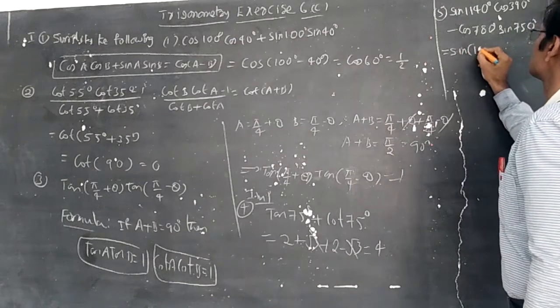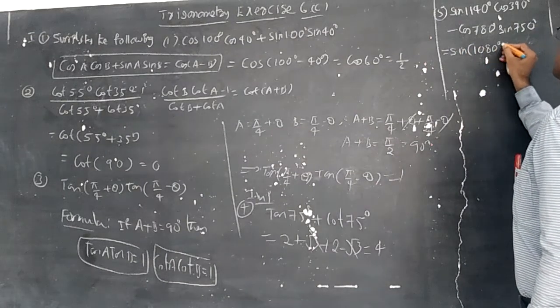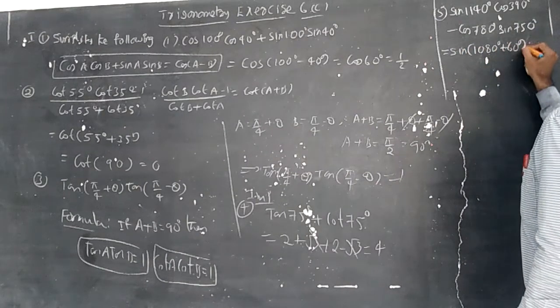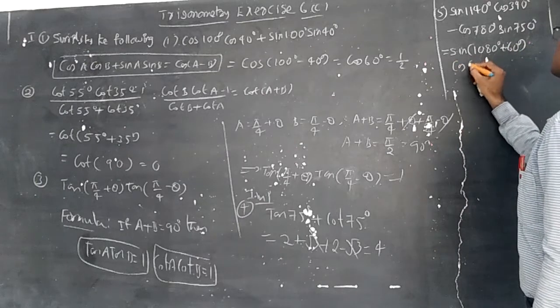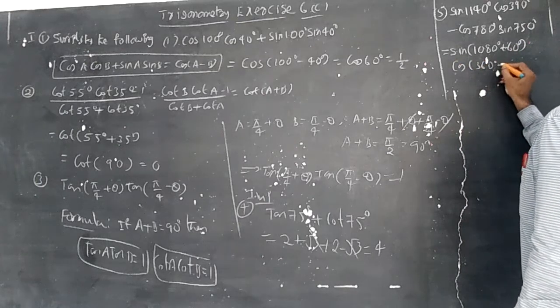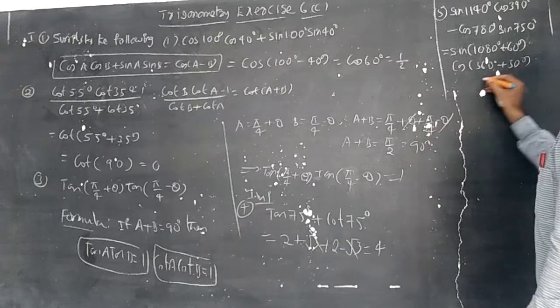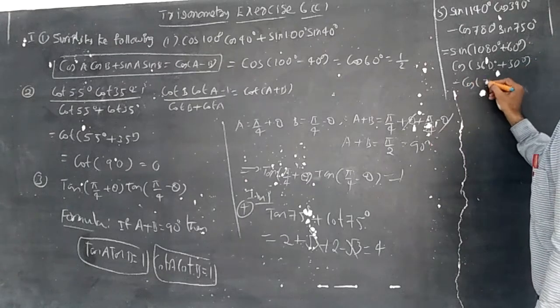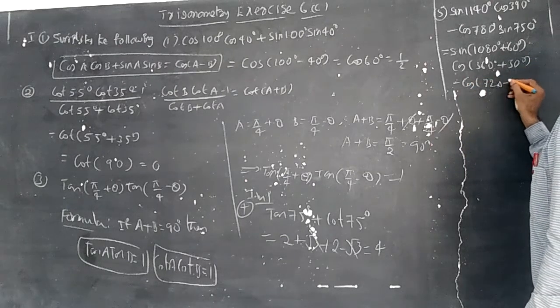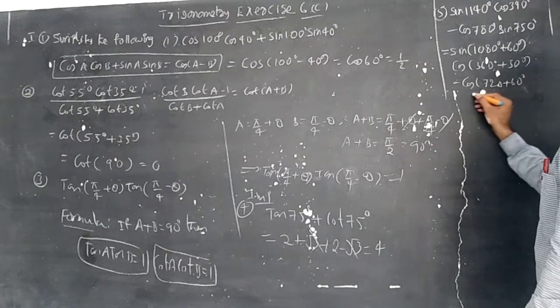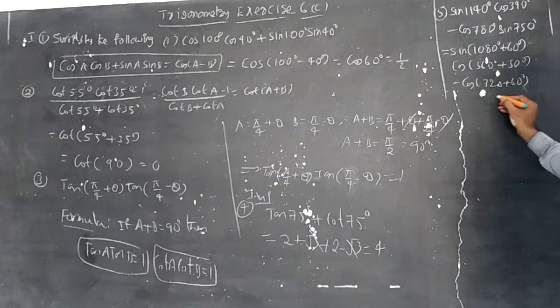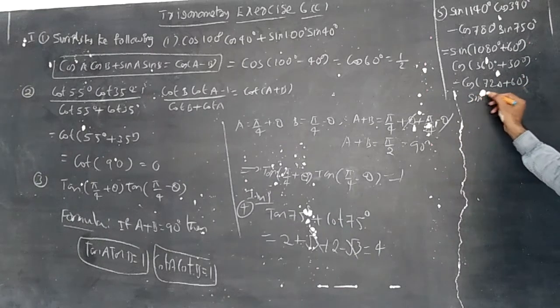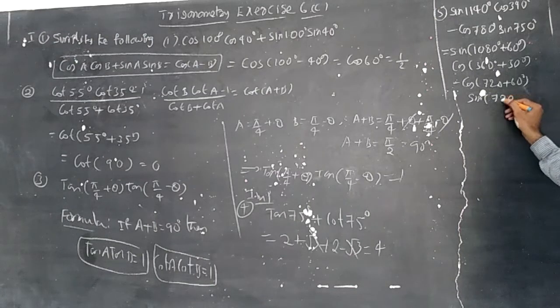Sin, this can be written as 1080 plus 60 degrees into cos, this is 360 plus 30 degrees, minus cos, this is 720 plus 60 degrees into sin 720 plus 30 degrees.